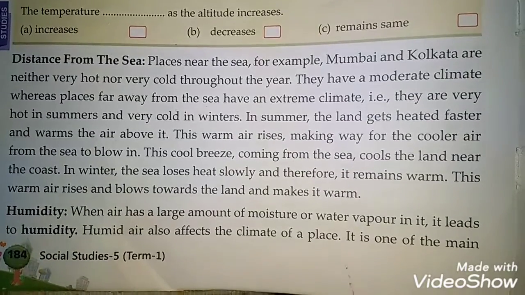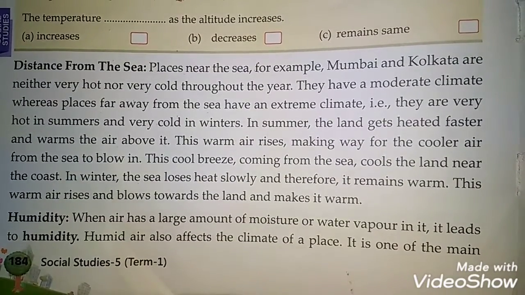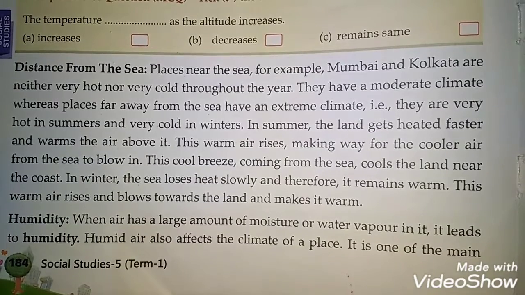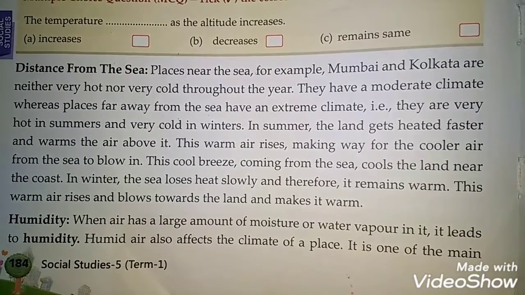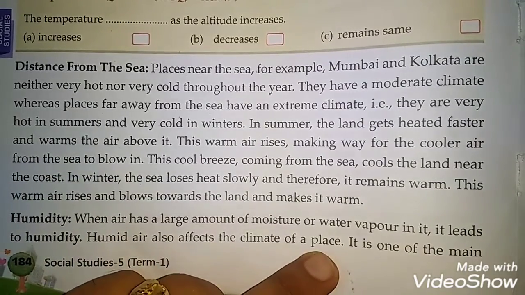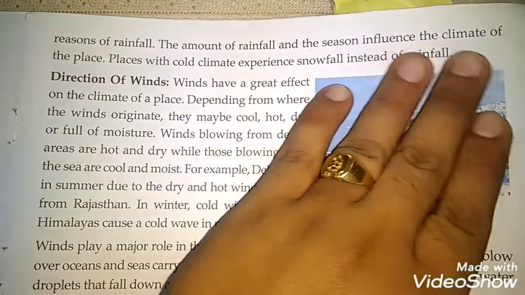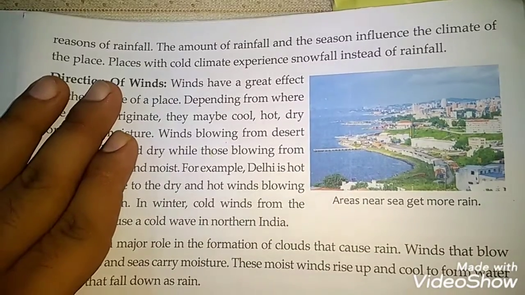For example, nowadays there is a rainy season, so you might be having much more humidity as compared to the summer season. It is the amount of water vapor present in the air. So humid air also affects the climate of a place. This affects the amount of rainfall, and the season is influenced by the climate of that place.